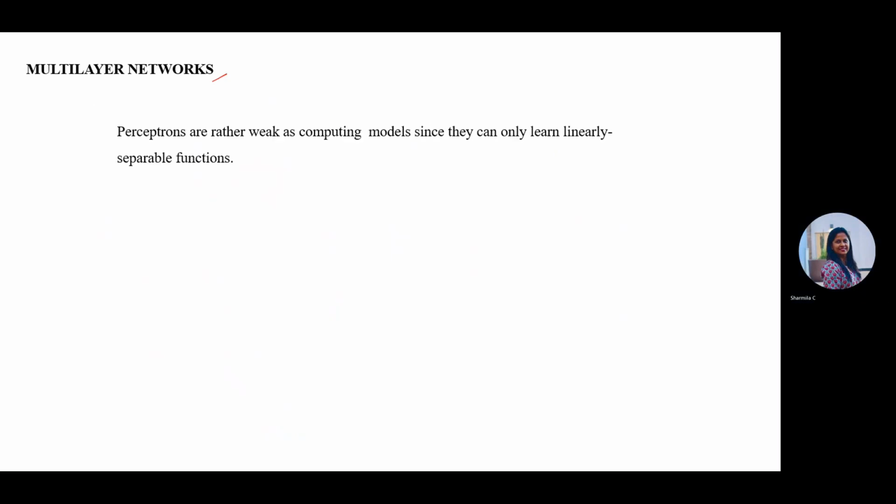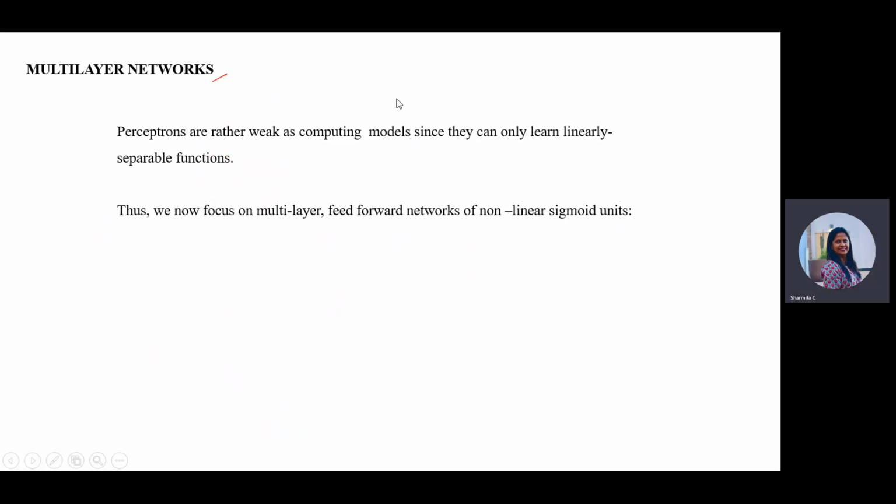Coming to the multi-layer networks, these can also be considered as multi-layer perceptrons. Perceptrons are rather weak as computing models since they can only learn linearly separable functions. Yesterday I told how to differentiate between linearly separable data and data that is not linearly separable.